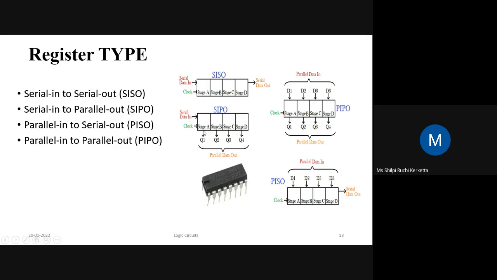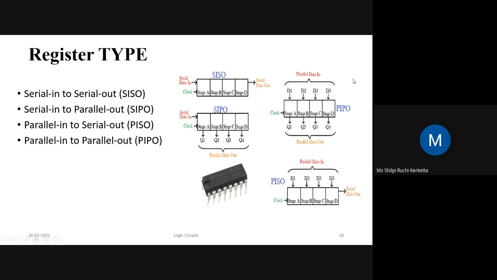If I do serial in and serial out, it will take four steps to get in and four steps to get out. But here, if serial data in is there and four counters are there, you have to get in four times, and you get out at once. You need four steps to get in this box, but in the fifth step you go out all at once, or all will book tickets at once.